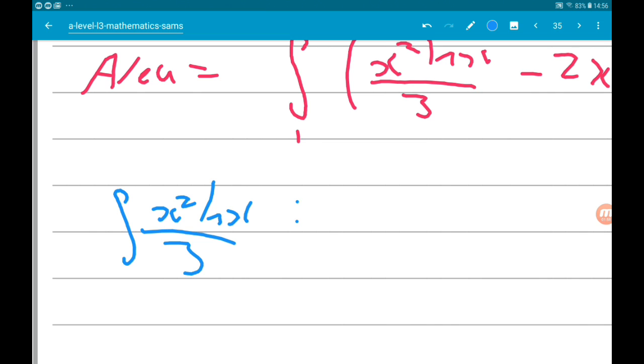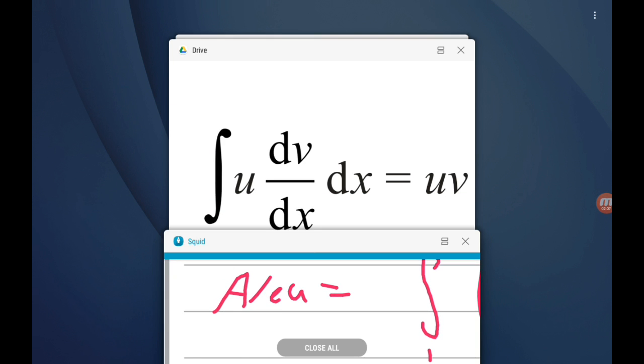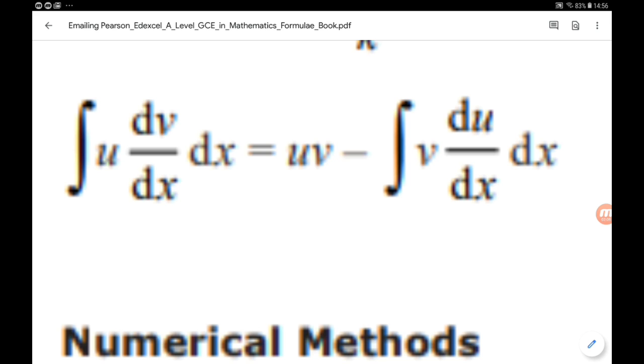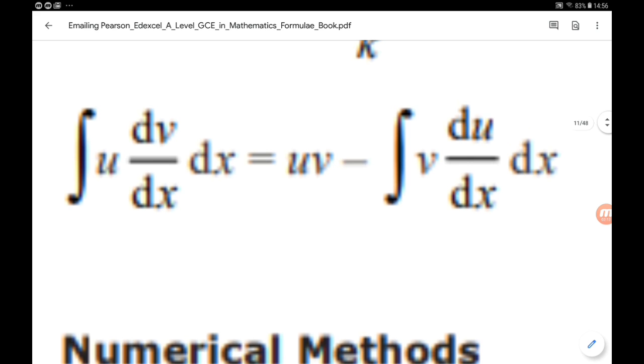we are going to use integration by parts. Now we're given this in the formula sheet, so the integral of u times dv by dx with respect to x is uv minus the integral of v du by dx with respect to x.